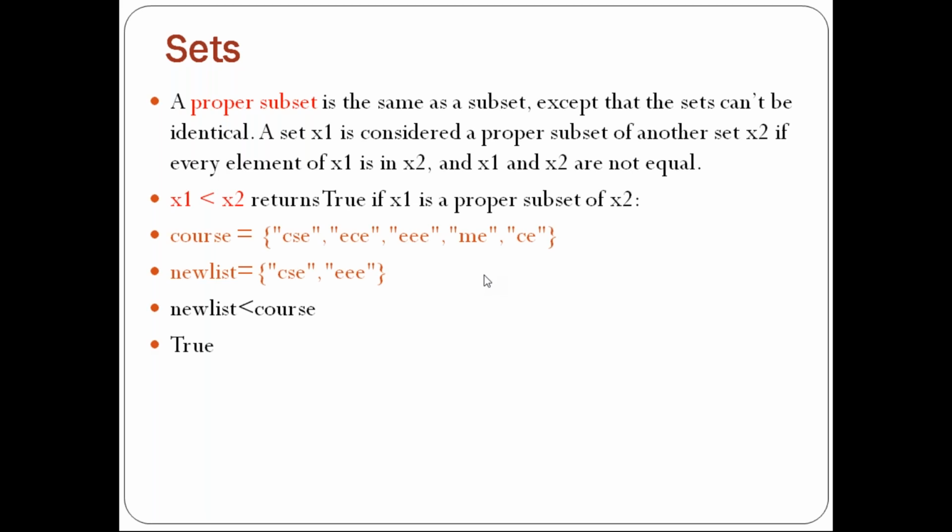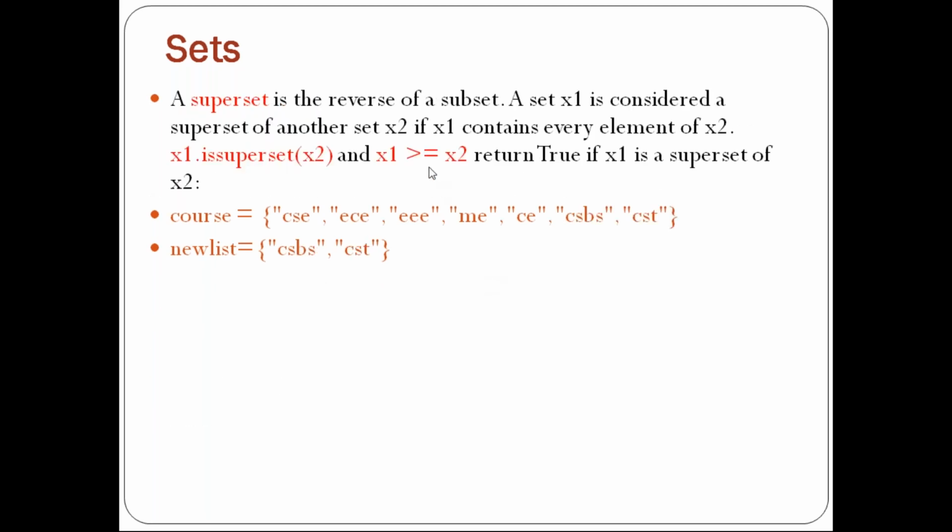Next one is superset. X1 is said to be a superset of X2 if X1 contains every element of X2. Then we are going to say that X1 is a superset. Then we can make use of the issuperset method for checking whether it is a superset or not.